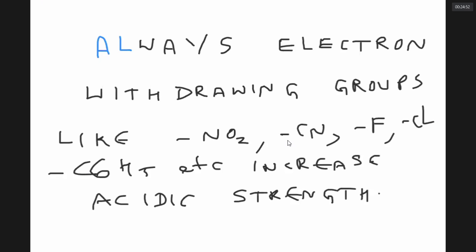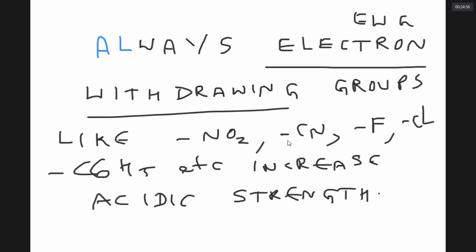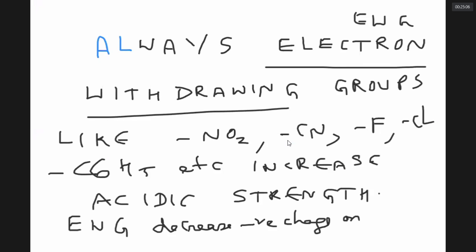The electron withdrawing groups, EWG, decrease the negative charge on the conjugate base and stabilize it. Hence, they increase acidic strength.